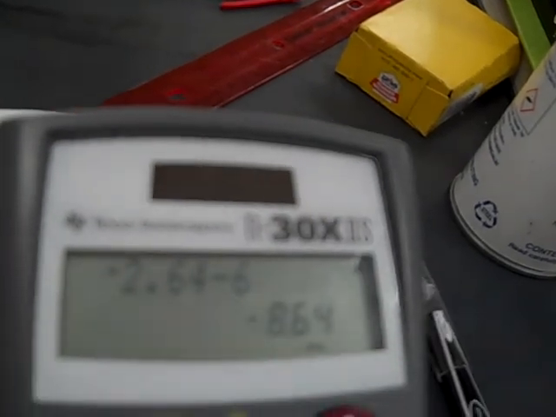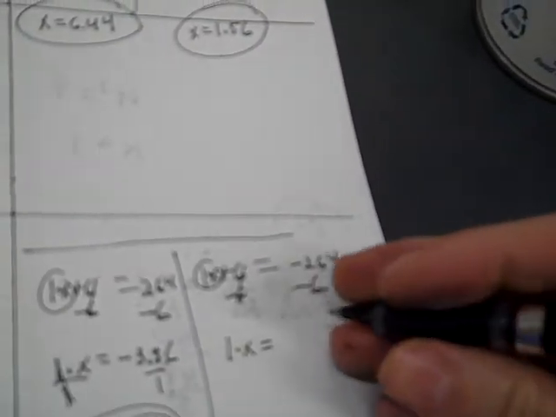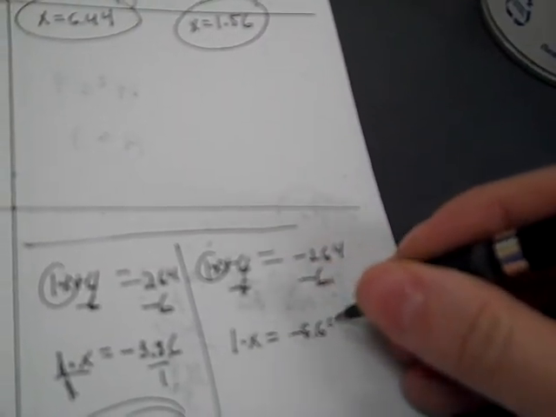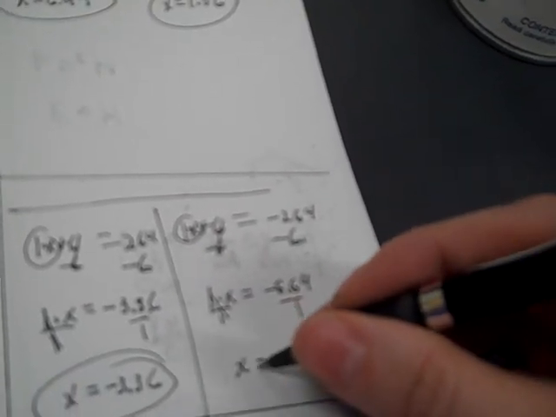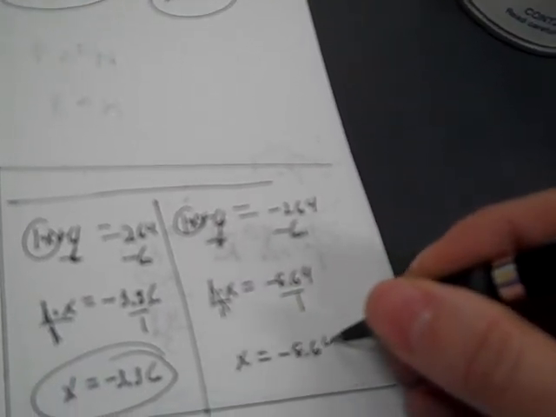And then minus 6, so 1x. Then I take negative 2.64 minus 6, and that's negative 8.64. Divide by 1, and that's going to keep me at negative 8.64.